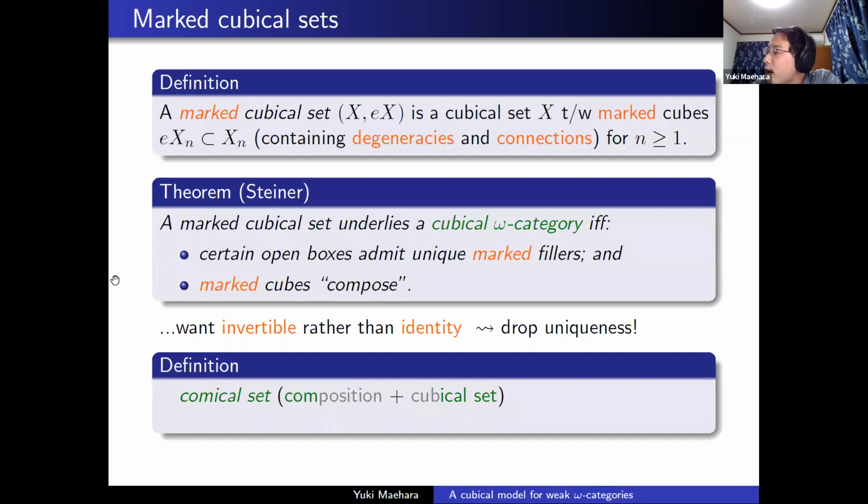Yeah, if you just write down the same thing but without uniqueness, then you are asking way too much of identities or identity-like things. And I can't really figure out how to make that work.